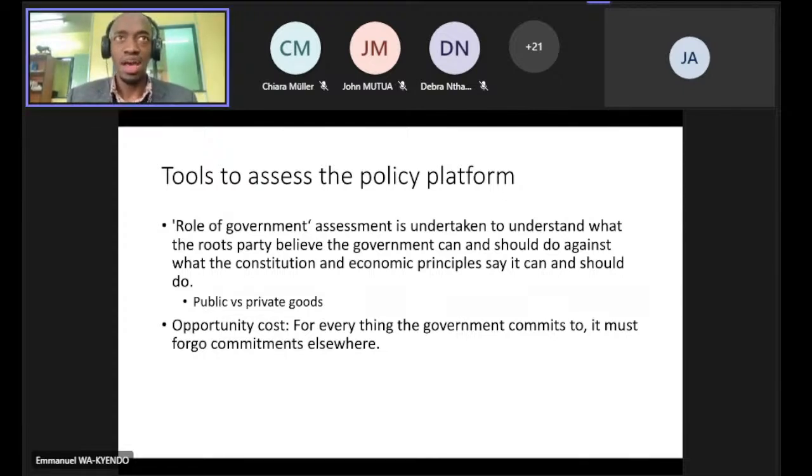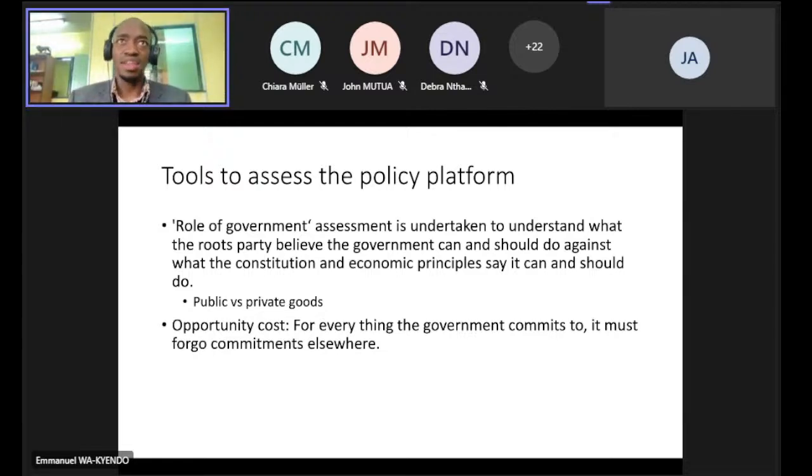Now, when assessing an incoming party, a contender to the political helm, we want to see whether that political party understands what the role of government is. We want to understand their conceptualization of what the government should and can do, and how that lines up against the current constitution and against economic principles.